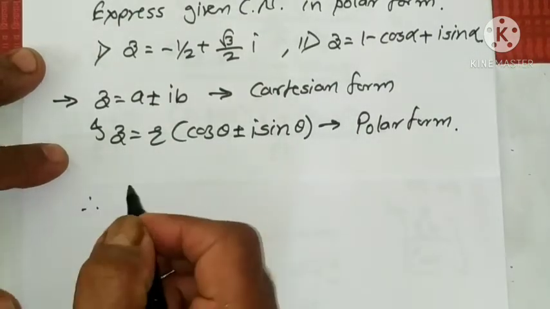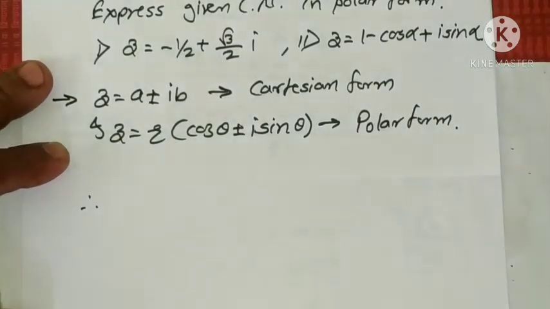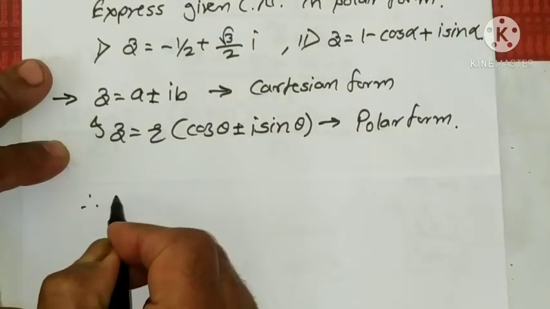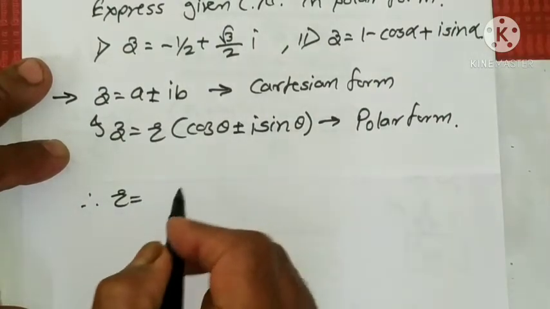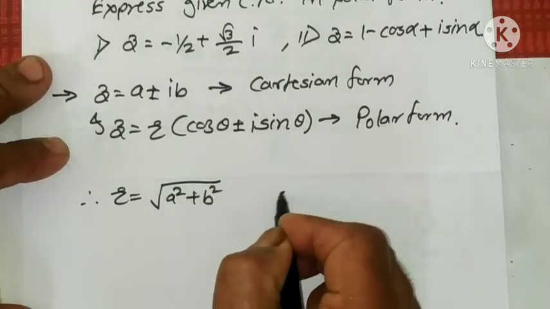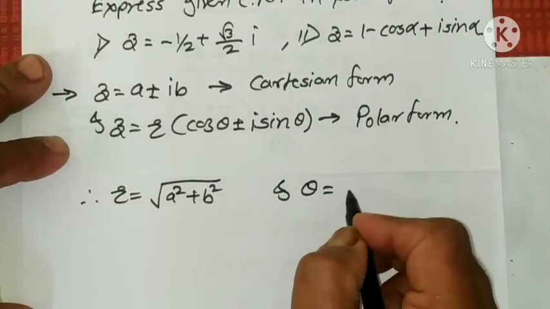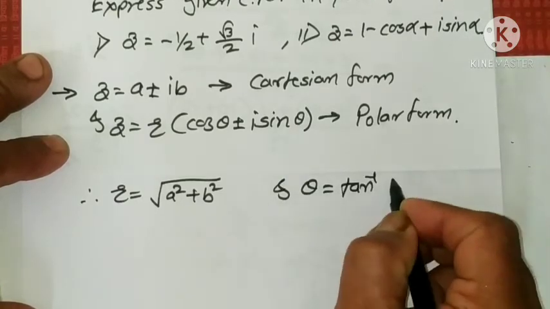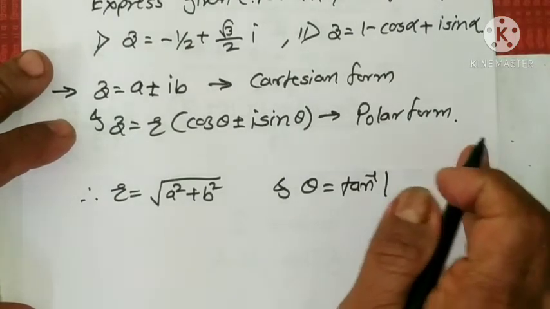Therefore, r is equal to root a square plus b square, and theta is equal to tan inverse mod b upon a.